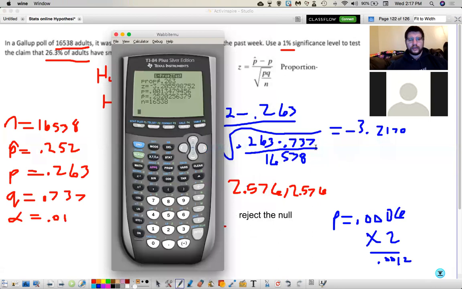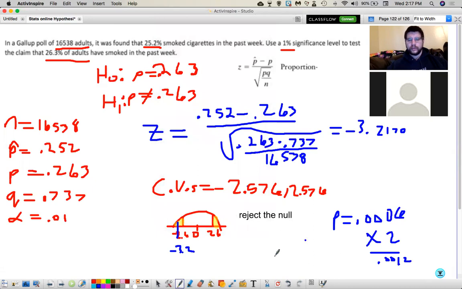And if we looked at what the TI told us, it was 0.0013. Really close. Either way, P is less than alpha. And we're going to reject the null. Rejected the null. Oh, I didn't write down where my claim was. The claim was in the null.